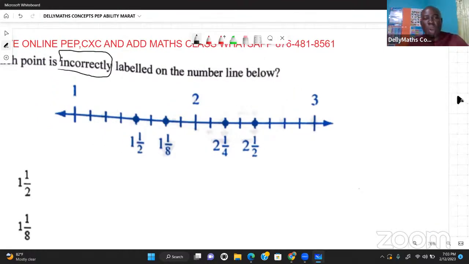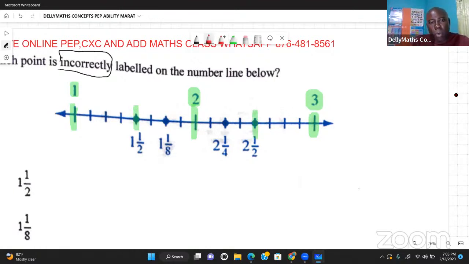All right. Now we're going to use our judgment, plus the markings that are there. So let us look. This is 1 here, which is for this line. This is 2 here, which is for this line. There is a 3 here, which is for this line. So I'm seeing my 1, my 2, and my 3, right? Now I can see that this is half and this is another half.